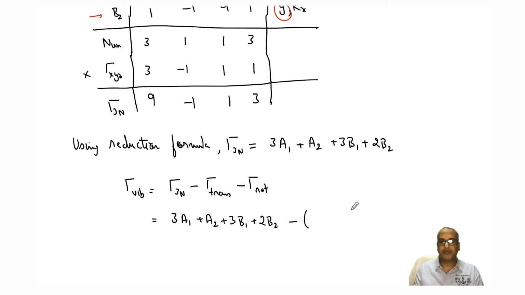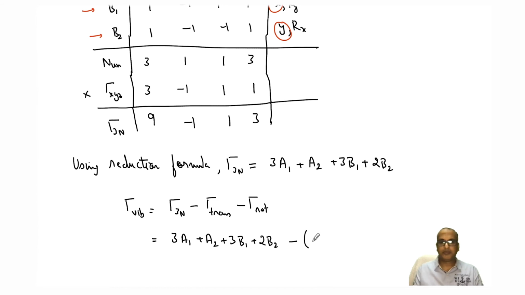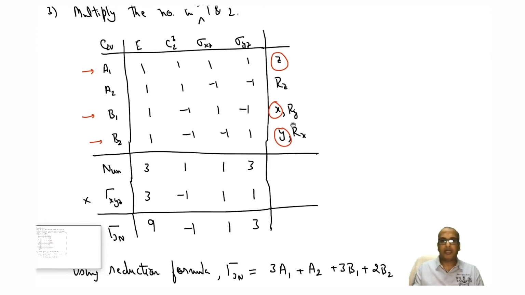Minus, what is tau rotational now? Oh, sorry, tau translational. Translational is x, y, and z, so A1, B1, B2, right? And similarly rotational will be for which Rx, Ry, Rz form the basis.